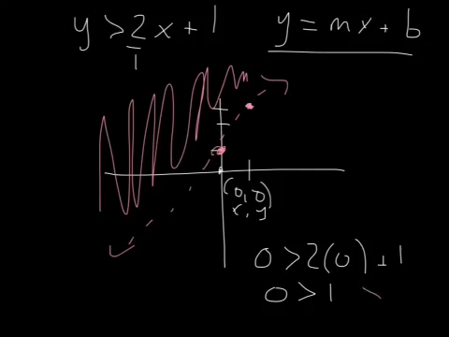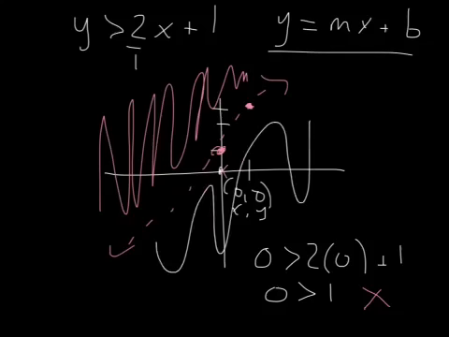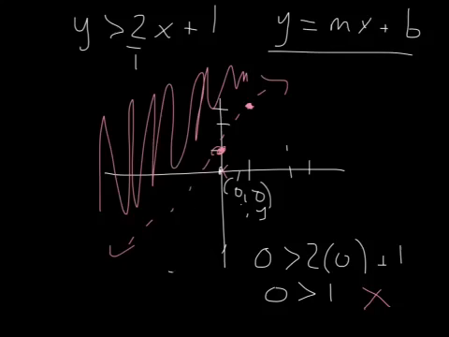Well, that's not true. That means I know my point is not included. So I know that this side, all down here, is not included because that's where I got my point 0, 0 from. So I know that we did it correctly. This is all not part of the solution. We don't want this included, but because the 0, 0 was not included, we did it all correctly and it's above the line, greater than.